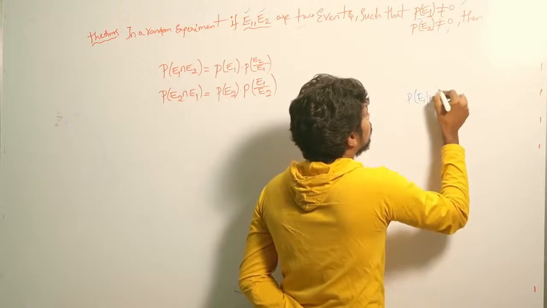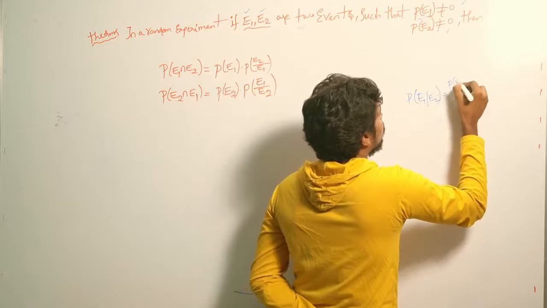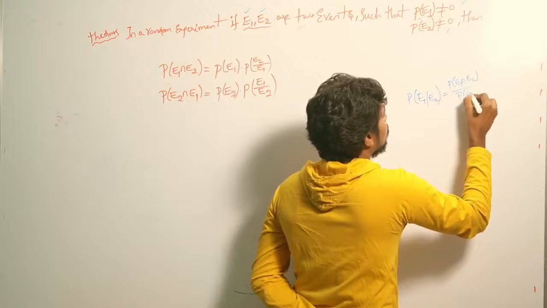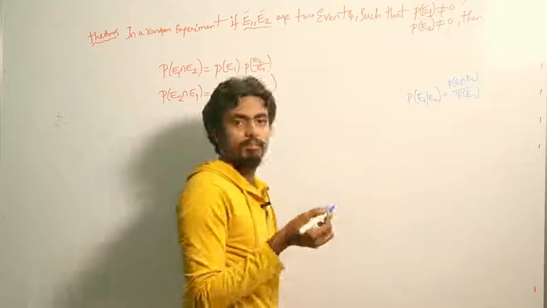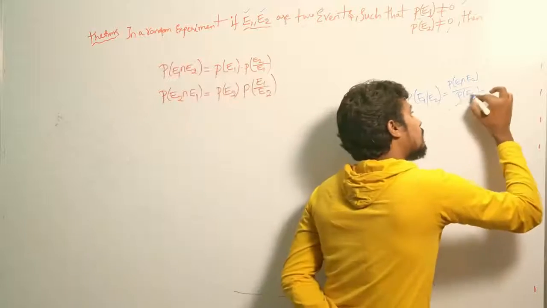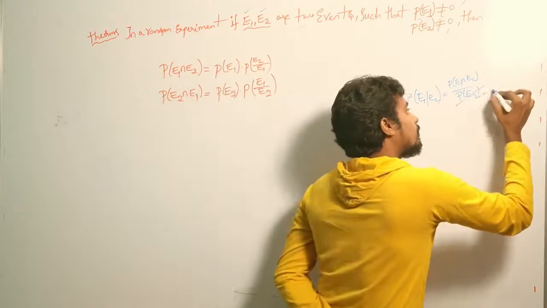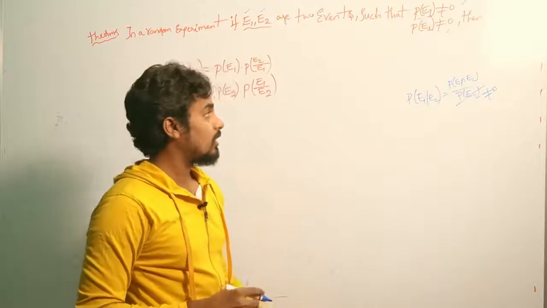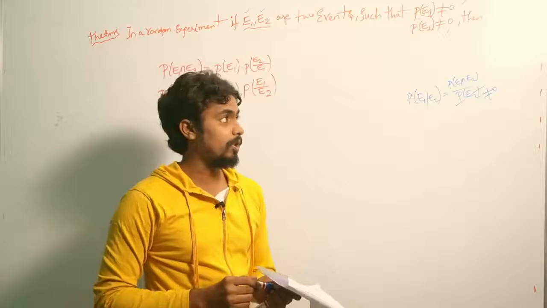or E2, that will be P of E1 intersection E2 divided by P of E2. For example, this will be the formula for conditional probability. Here this value will not be equal to 0. If this becomes 0, there will be no chance of applying conditional probability.